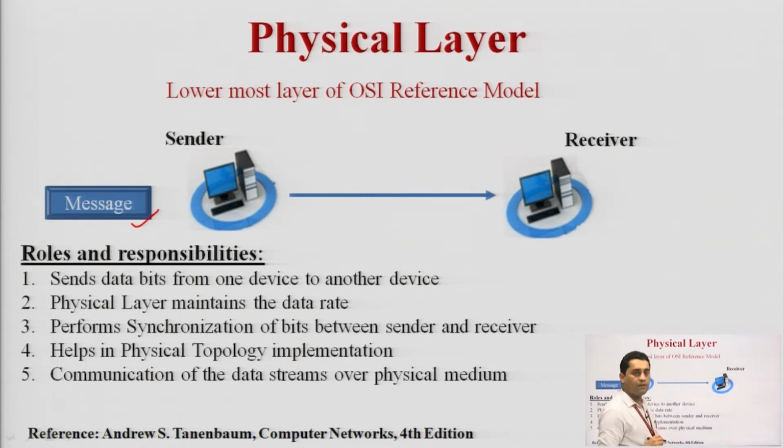In this case, the physical layer performs various functionalities. Number one, it deals with the physical transmission medium. The medium can be wired or wireless. In the coming slides, we will talk about the transmission media.